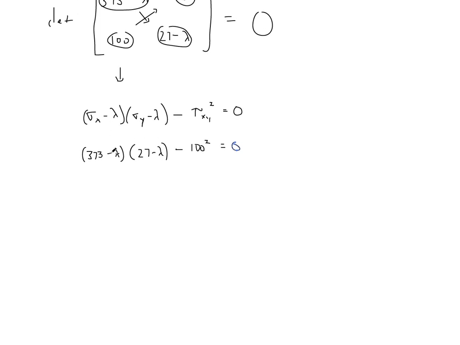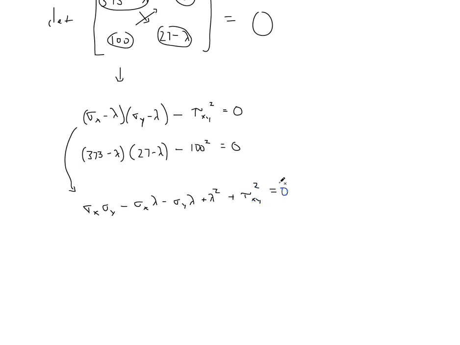Right. I can basically FOIL this out. Again, I'm going to work off of this one here, sigma x, so that I can follow my notes. Sigma x sigma y, minus sigma x lambda, minus sigma y lambda, plus lambda squared, plus tau xy squared equal to 0.